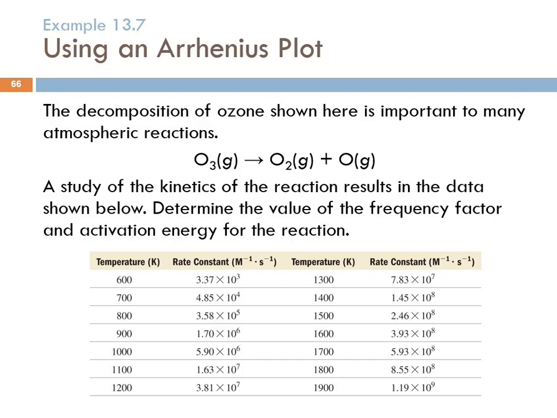So let's look at this example of how we can use an Arrhenius plot. The decomposition of ozone here, O3 going to O2 plus oxygen atoms, is important in many atmospheric reactions. Here's some data from a study of the reaction kinetics. We've got different temperatures and the rate constant at those different temperatures.